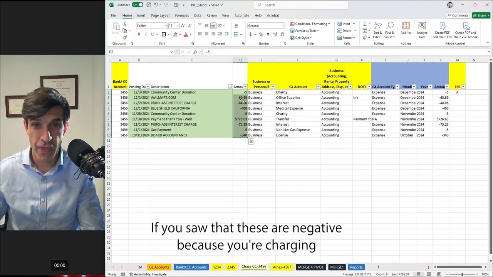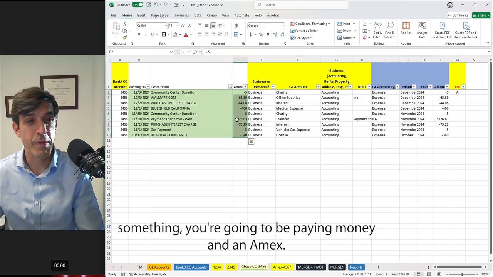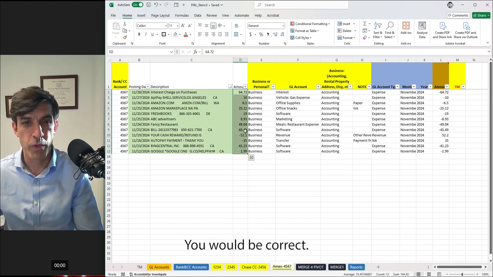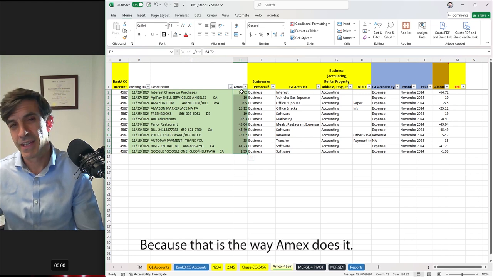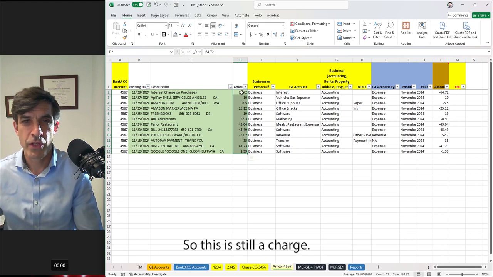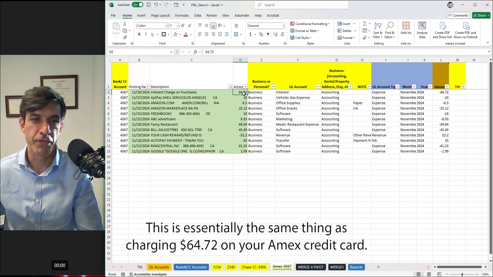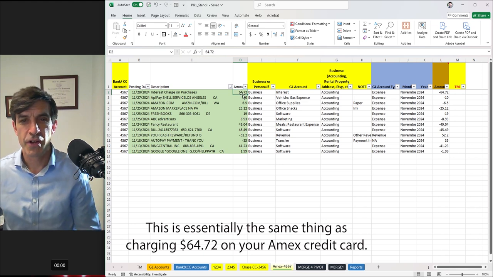If you saw that these are negative because you're charging something, you're going to be paying money, and in Amex it is not negative, they're positive, you would be correct because that is the way Amex does it. So this is still a charge. This is essentially the same thing as charging $64.72 on your Amex credit card.